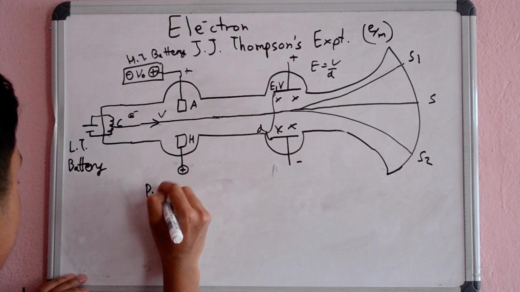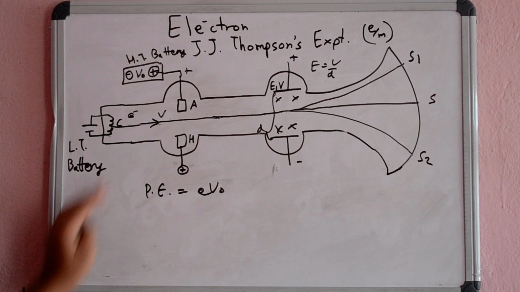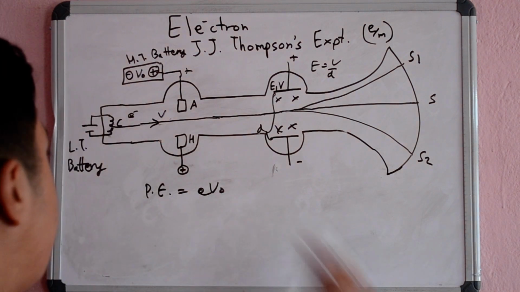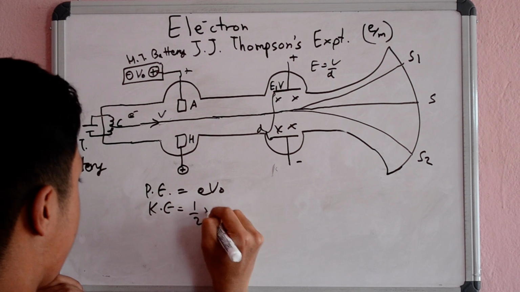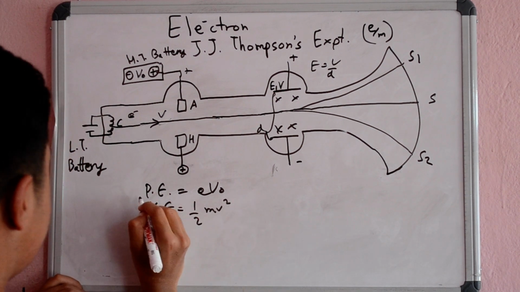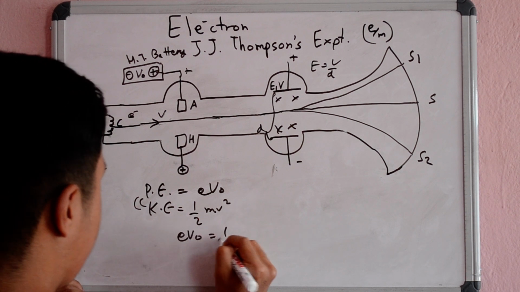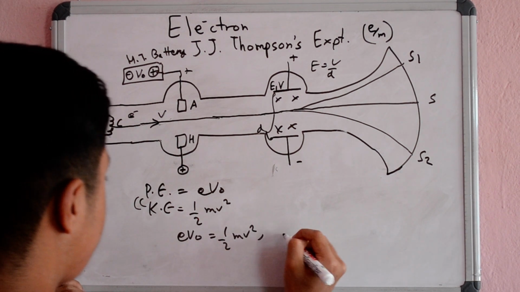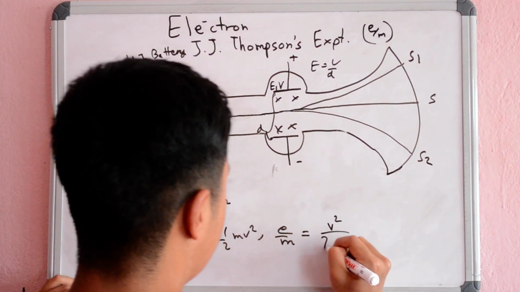So here the potential energy is equal to eV naught, because this is due to the high tension battery. And the kinetic energy is of course 1 by 2 mv square. Now since these two are equal, eV naught is equal to 1 by 2 mv square, giving us e by m is equal to v square by 2V naught.